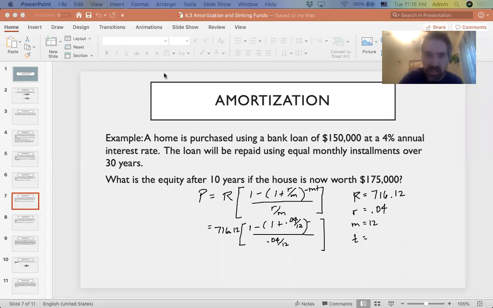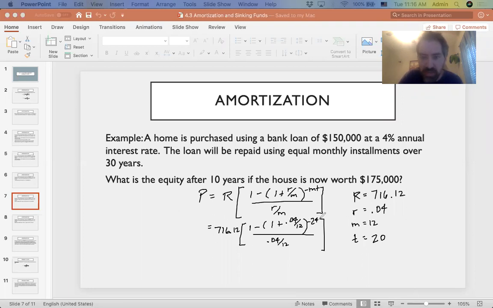This time is how much time we have remaining to pay off the loan. After 10 years on a 30-year loan, we now have 20 years remaining. So T should be 20. And so this M times T, that's 12 times 20, that's 240.